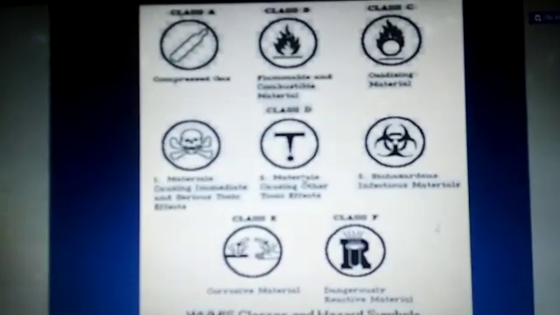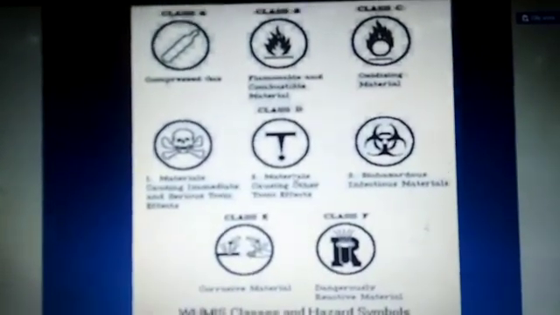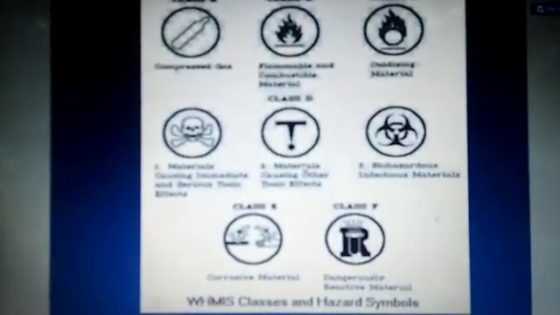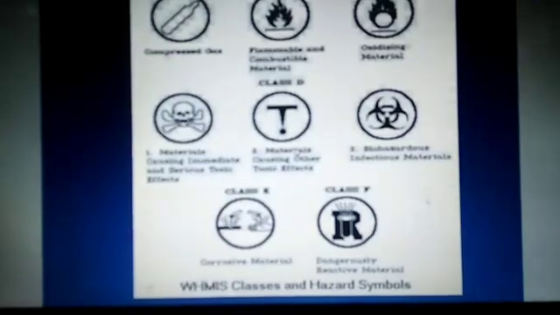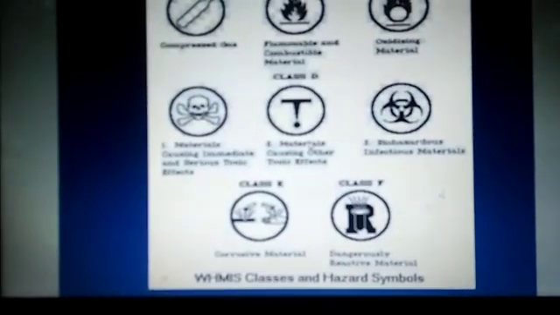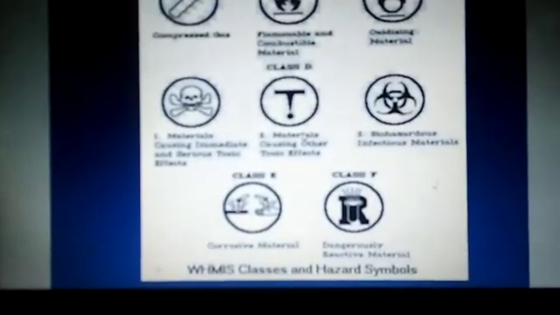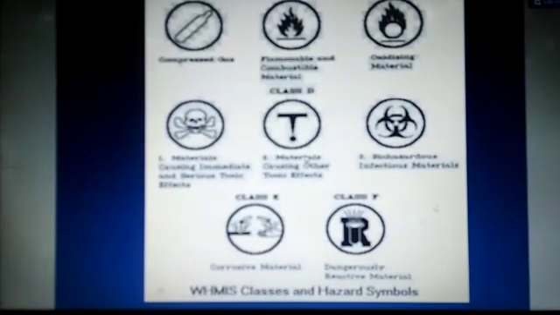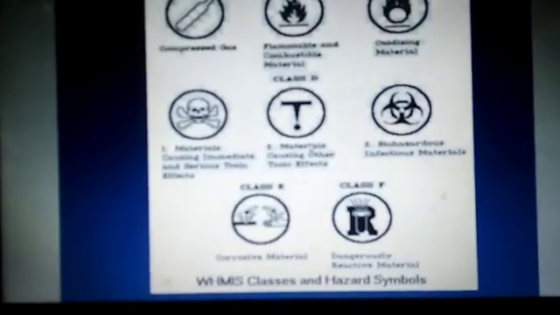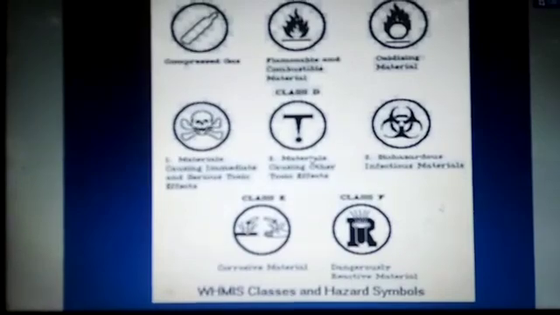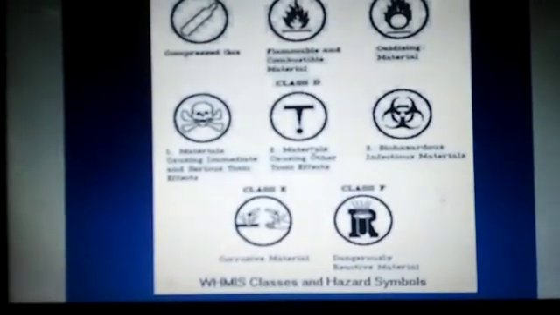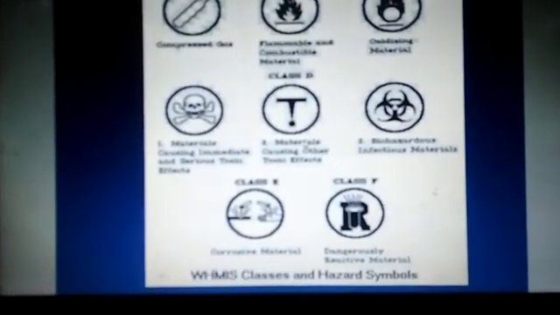Second, in class B, it shows flammable and combustible materials. Class C, oxidizing materials. Class D, materials causing other toxic effects. In class D again, biohazardous infectious materials.